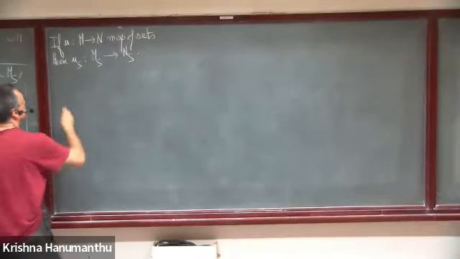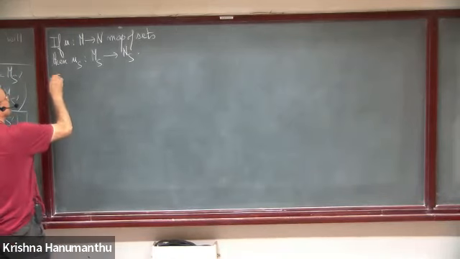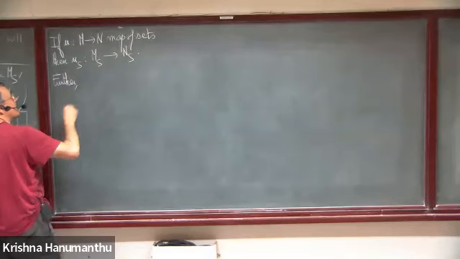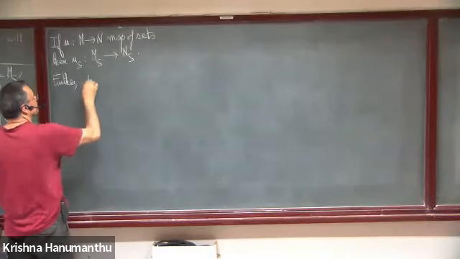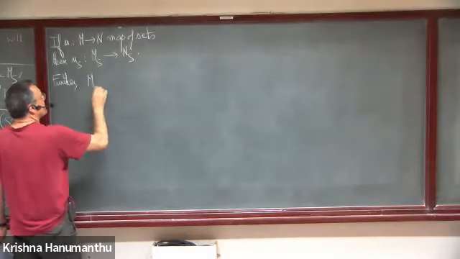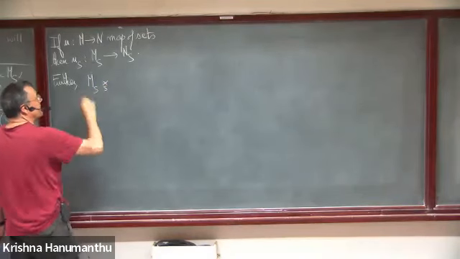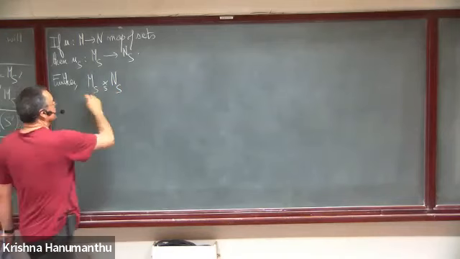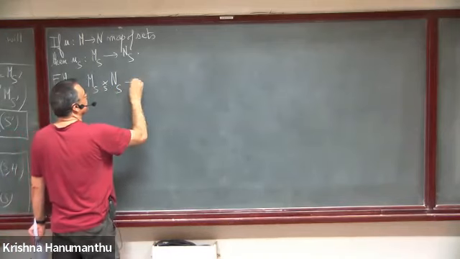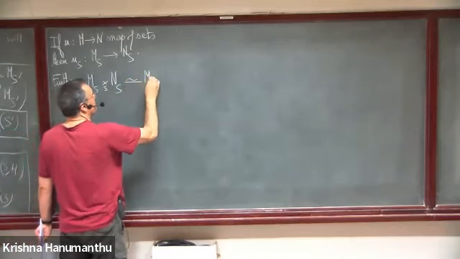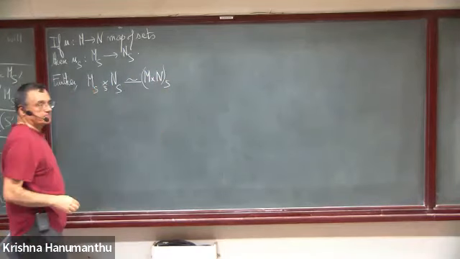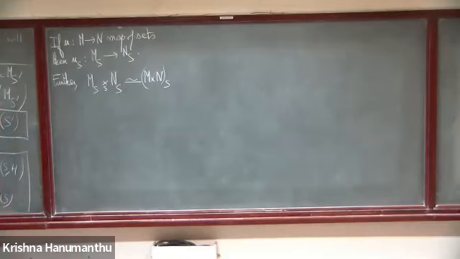And a further property of this construction is that if we make the fiber product over S of two constant schemes like this, this is naturally isomorphic to that one. Okay. So this commutes with products.